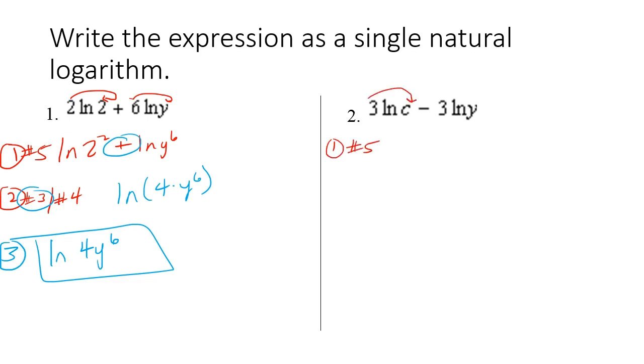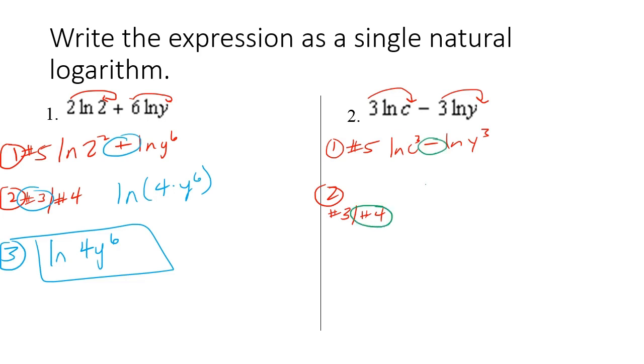All right, so over here, same thing, starting off with step 1, which is using property number 5. I can apply the 3, and that's going to give me the natural log of c to the 3rd minus the natural log of y to the 3rd. Step number 2, I'm going to apply property number 3 or number 4. Looking at what I have, subtraction, so that means I'm using property number 4.